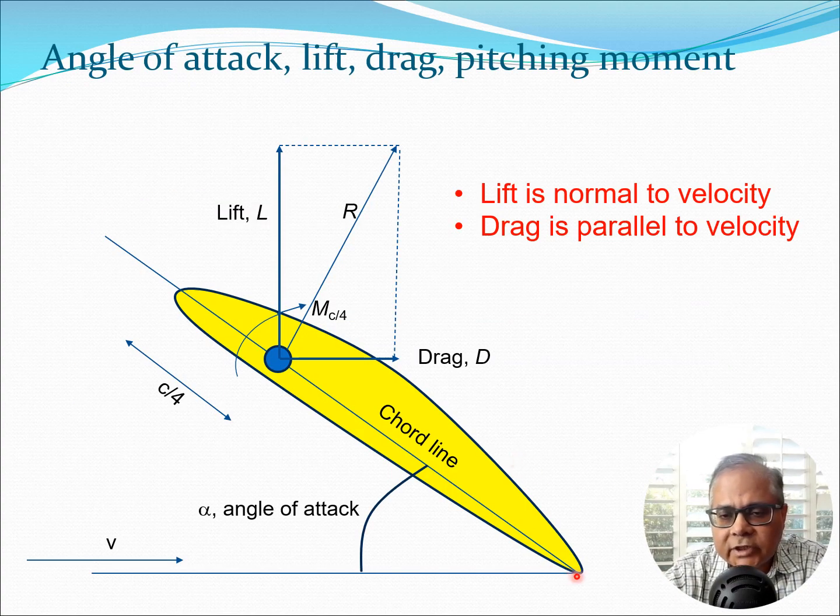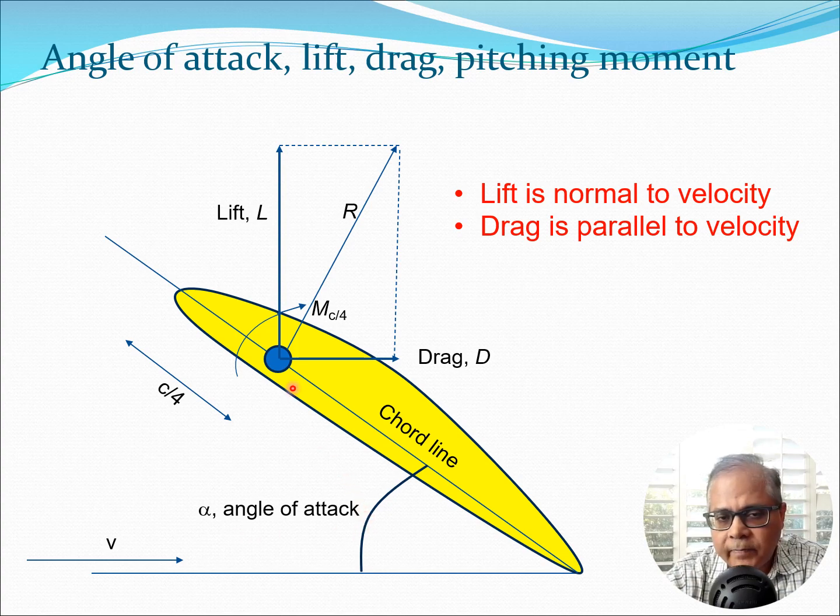Now let's take a look at this airfoil section when it is at an angle to the wind flow. Essentially we have the flow velocity V in this direction and the chord line is here, and I have this angle to the chord line. This angle is denoted by alpha, the Greek letter, and it's also known as the angle of attack.